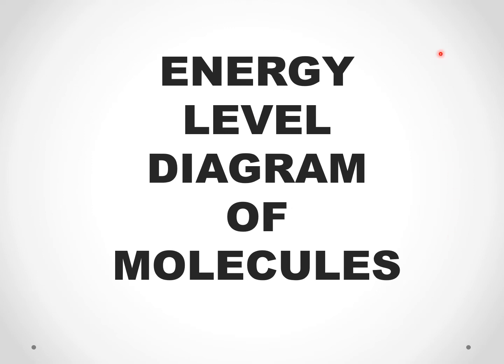Let us look at the energy level diagram of some molecules, a few important molecules. We have seen the general energy level diagram, that is sigma, pi, n, etc. For each molecule specifically we can draw the energy level diagram.